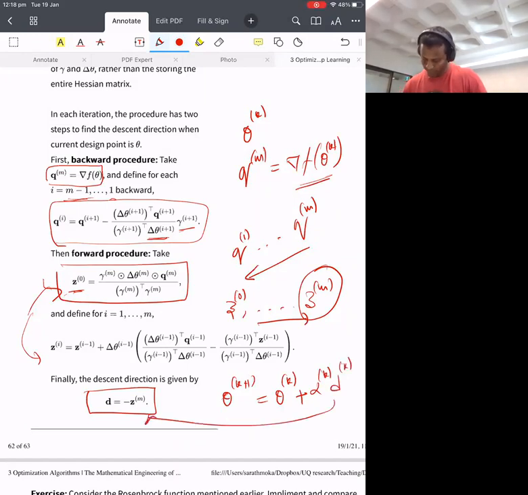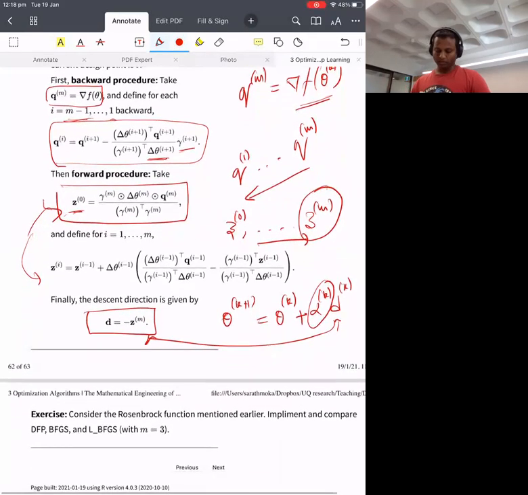Dk is essentially given here. I just eliminated the superscript k because it's the same procedure happening in every iteration. And alpha k, once you have the direction, can be computed using approximate line search, which we have seen.